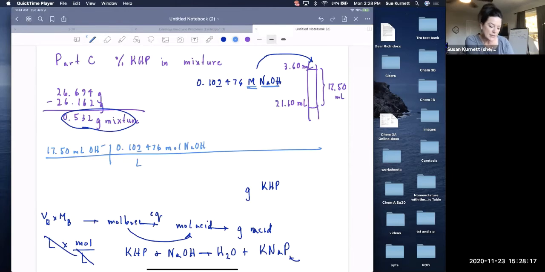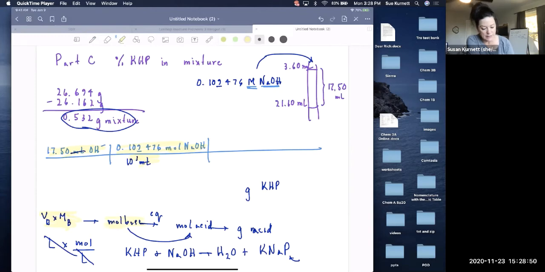But instead of liters, because I'm going to need the milliliters to cancel, I'm going to rename it as 1,000 milliliters in the liter. Because now my milliliters will cancel. Okay. So I've gone from volume times molarity, and the milliliters cancel, and I have moles of sodium hydroxide.